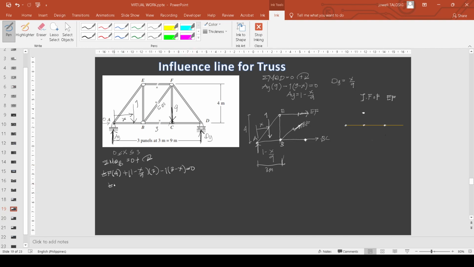So, EF natin ngayon is equal to, so 3, magiging 3 to. 3 times 1 is 3. So, 3 times negative 1 is negative 3. Maka-cancel yung ito, no? So, matitira itong pangalawang ano. So, negative x over 9 times 3. So, ilan yun?